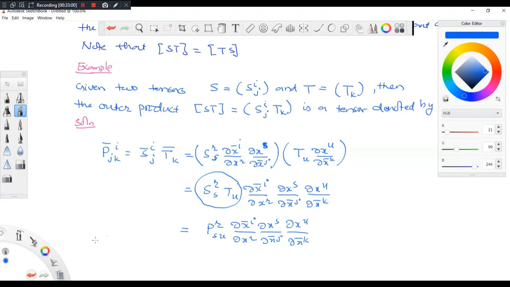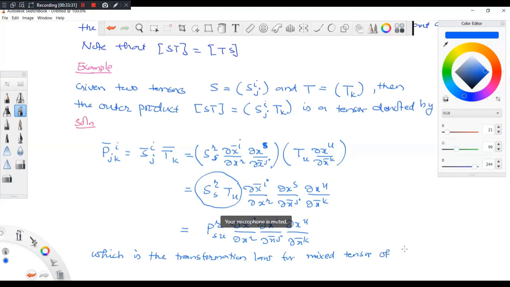Which is the transformation law for a mixed tensor of the type 1, 2: contravariant 1 and covariant 2.